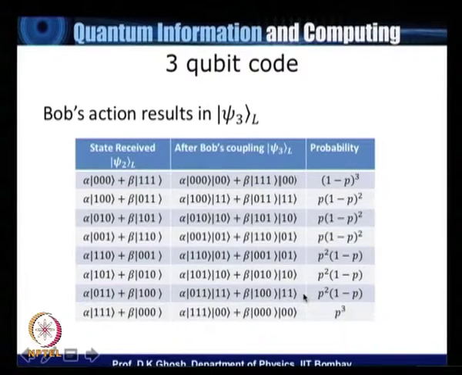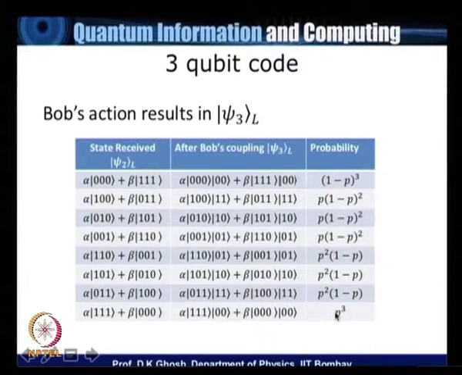So look at these, and remember that these had different probabilities associated with them. In the first three cases here, I had p(1 minus p) squared as the probability. In this case it was this, and the final was p cubed.